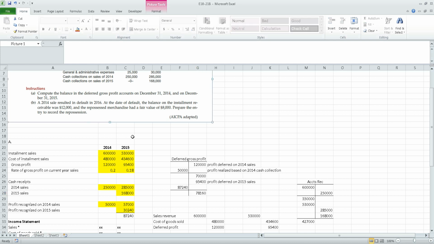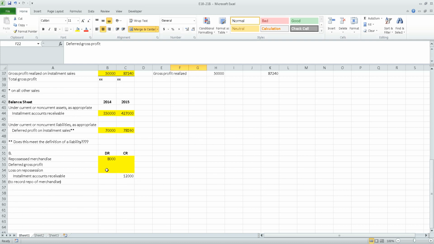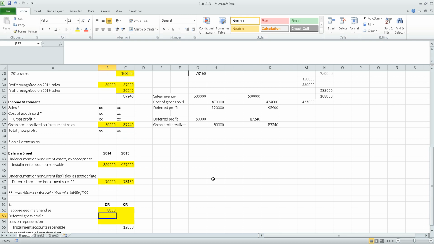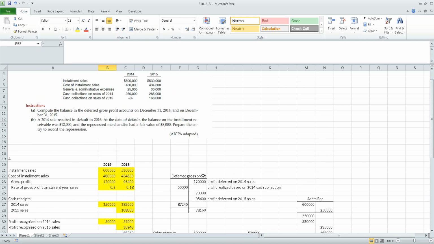We have to pull that balance, whatever it is, out of the deferred gross profit account by making a debit to that deferred profit account. So we have to remove from the deferred gross profit liability account the amount of deferred profit remaining on that sale that defaulted.